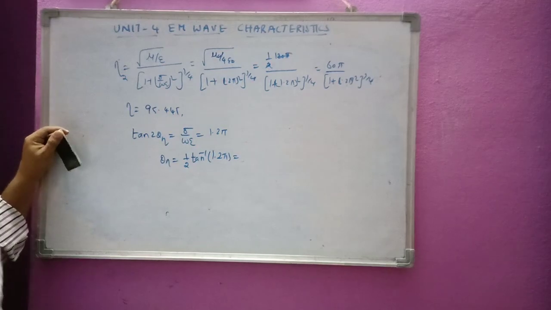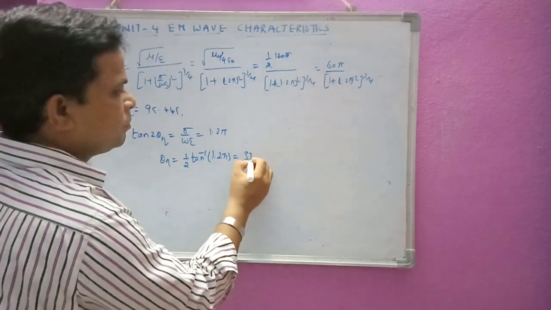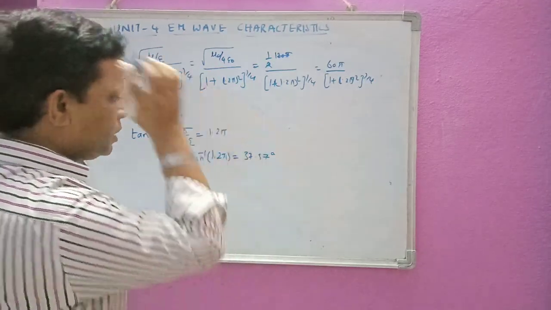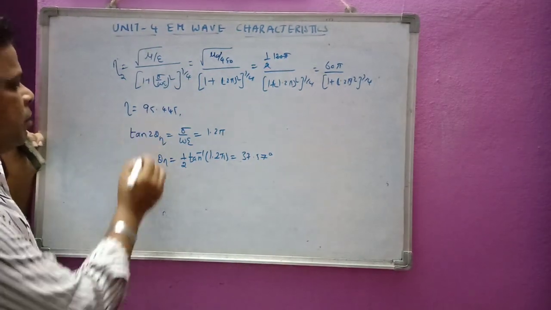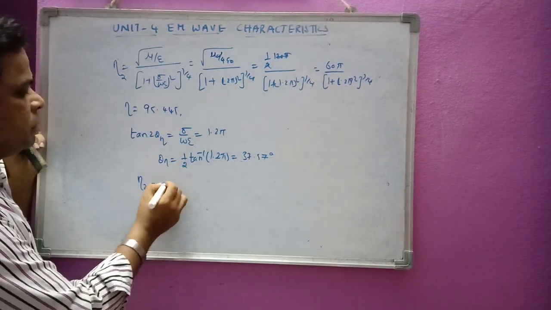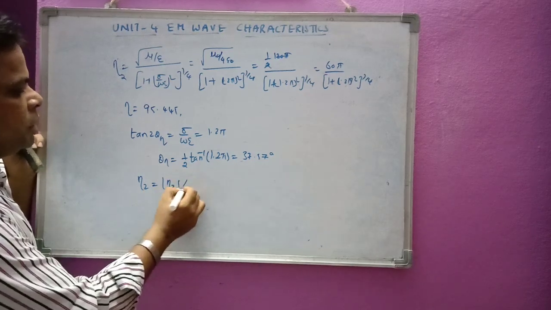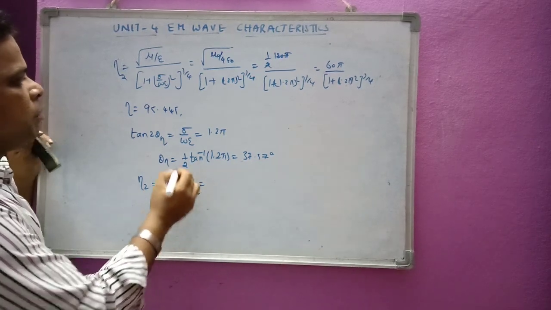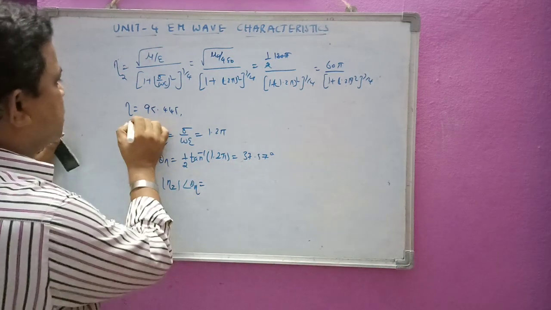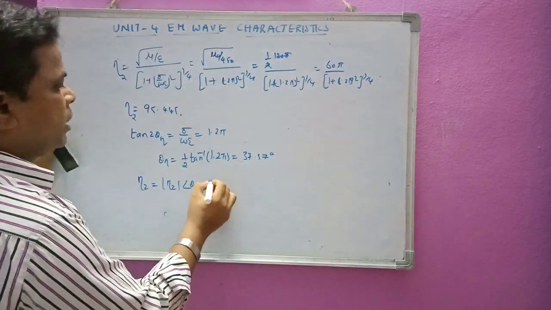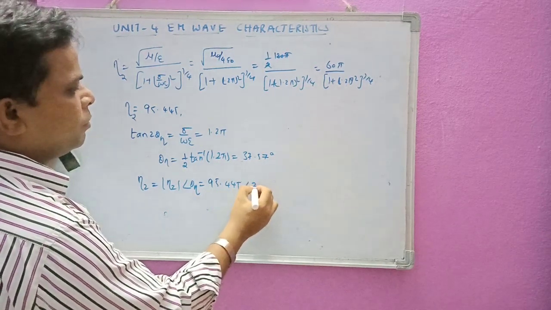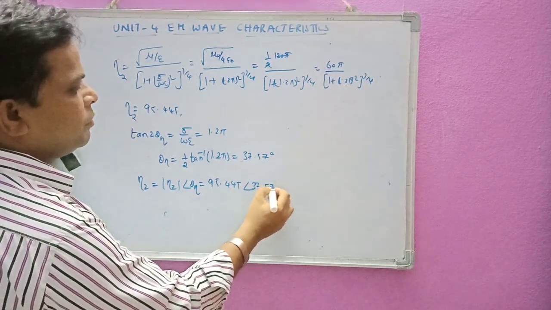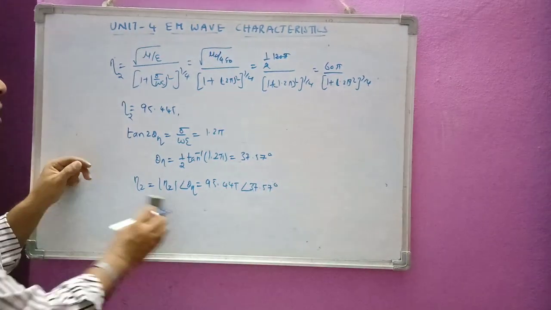It will be equivalent to 37.57 degrees. You can check here by using your calculator. So now I can write the complete value of eta 2 is equal to mod eta 2 at an angle theta of eta. Mod eta 2 for medium 2 we have got as 95.445 at an angle of 37.57 degrees.